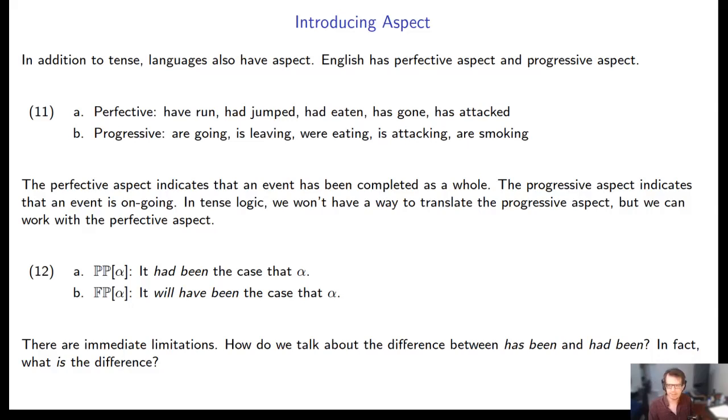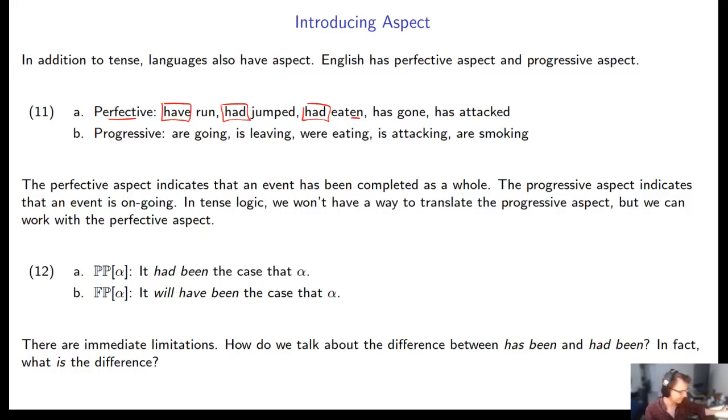So English has two aspects, and we'll just talk about English in this lecture, just to keep things a little simpler and more casual. So English has perfective aspect. So this is about events that have completed. So this is when you have an auxiliary have in front of the verb. So have run, had jumped, had eaten.